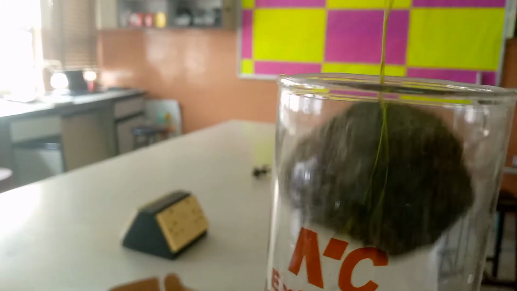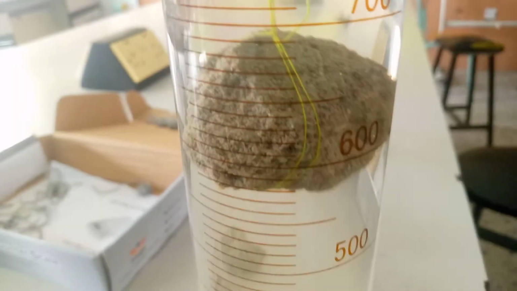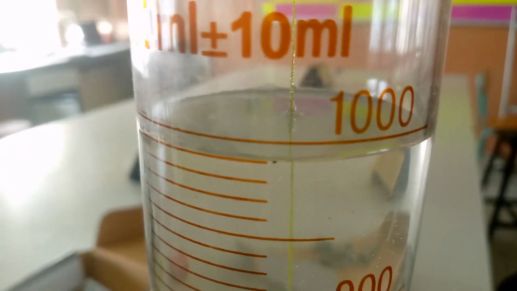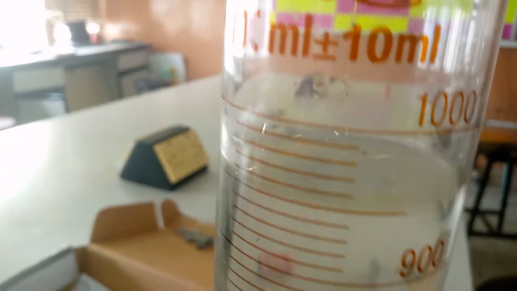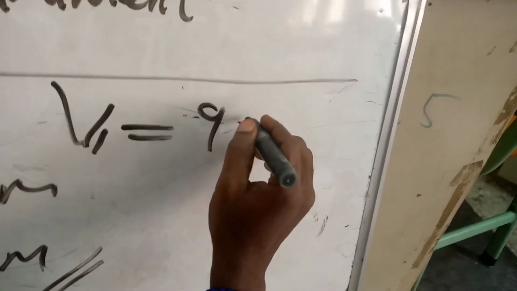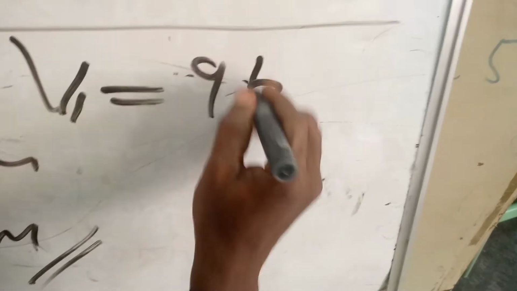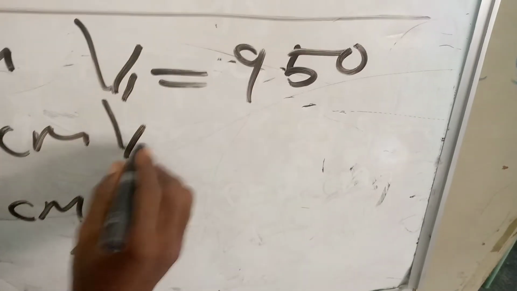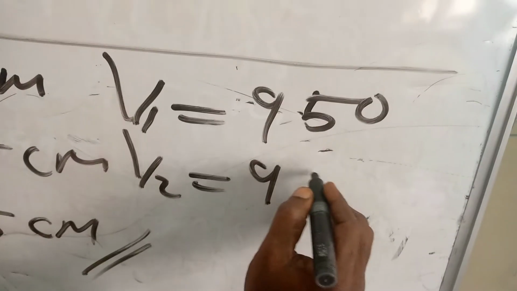That is our V1, and this is now V2, 990. Then you subtract V1 from V2. Our first volume V1 is 950, and V2 is 990.